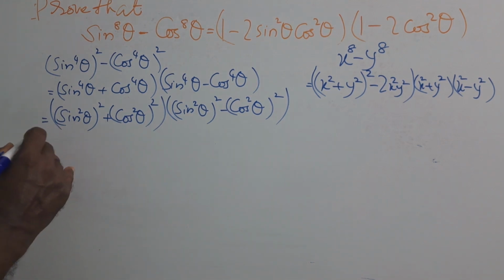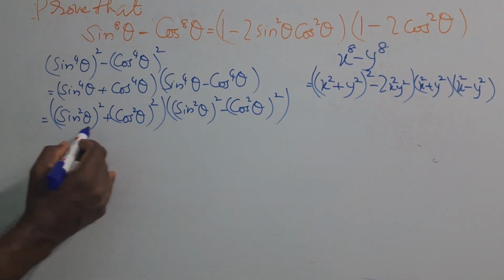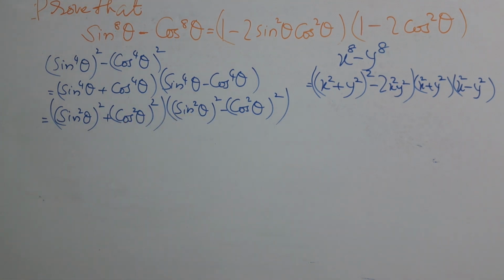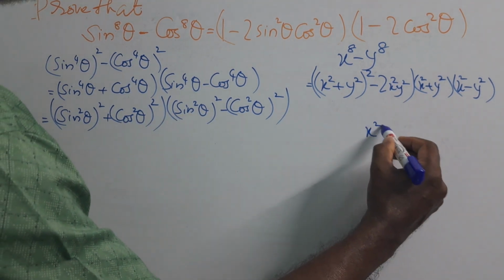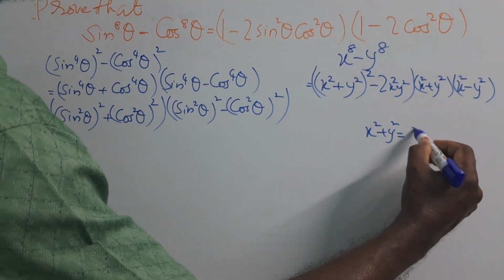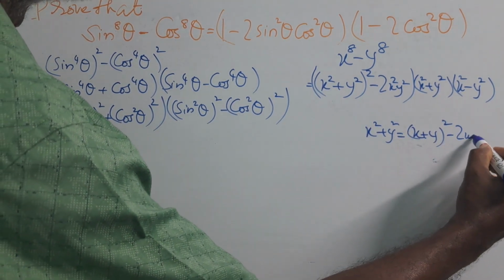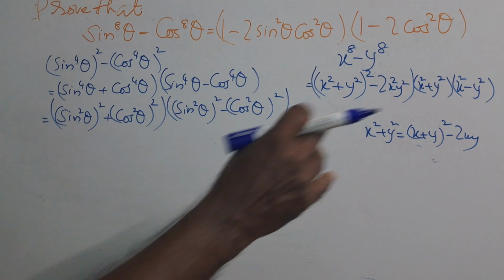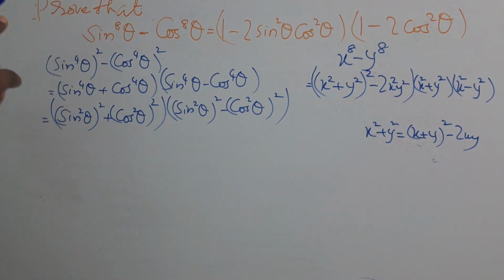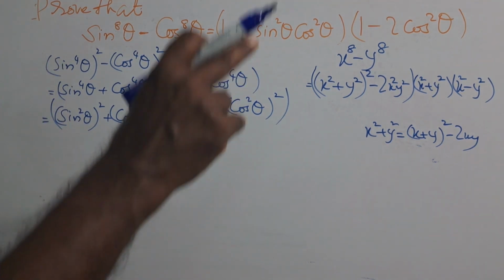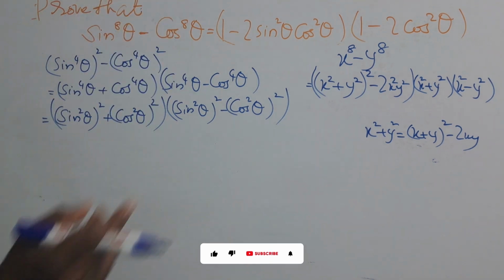Now let's substitute this. As we have already seen, x square plus y square is equal to x plus y the whole square minus 2xy. In the place of x we have sine square theta and in the place of y we have cos square theta.